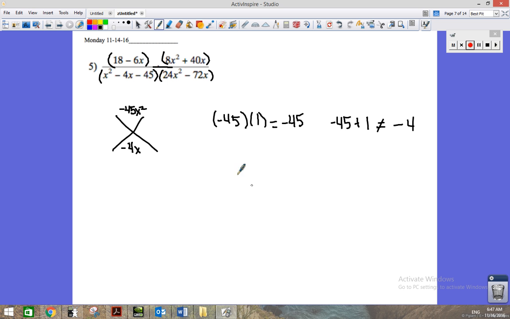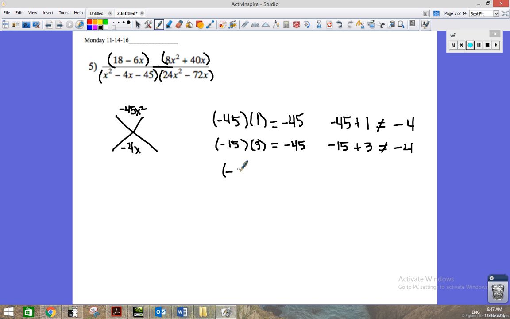Alright, so what about a negative 15 times a positive 3? That multiplies together to get negative 45, but unfortunately, negative 15 plus 3 does not add together to give me negative 4.